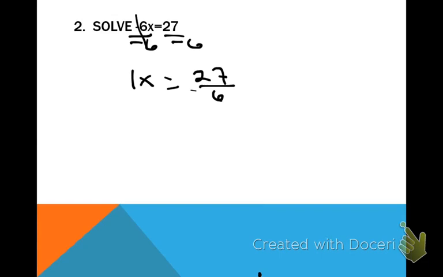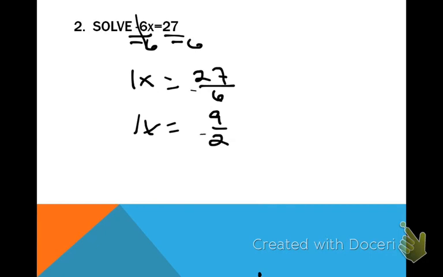We make an equivalent equation by making an equivalent fraction, 27 over 6. We can divide 3 in the numerator and in the denominator and get negative 9 over 2. I'm letting my negative sign float, which is okay.